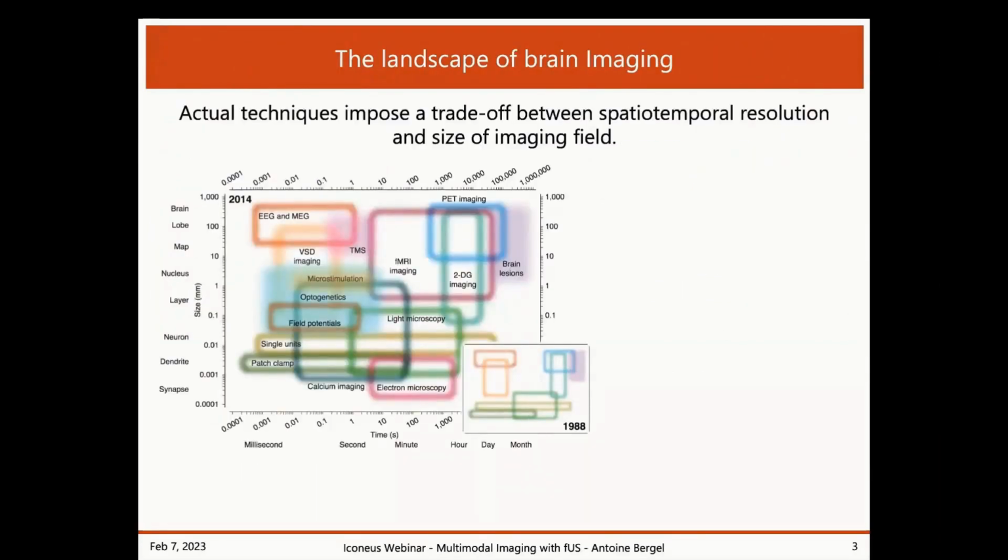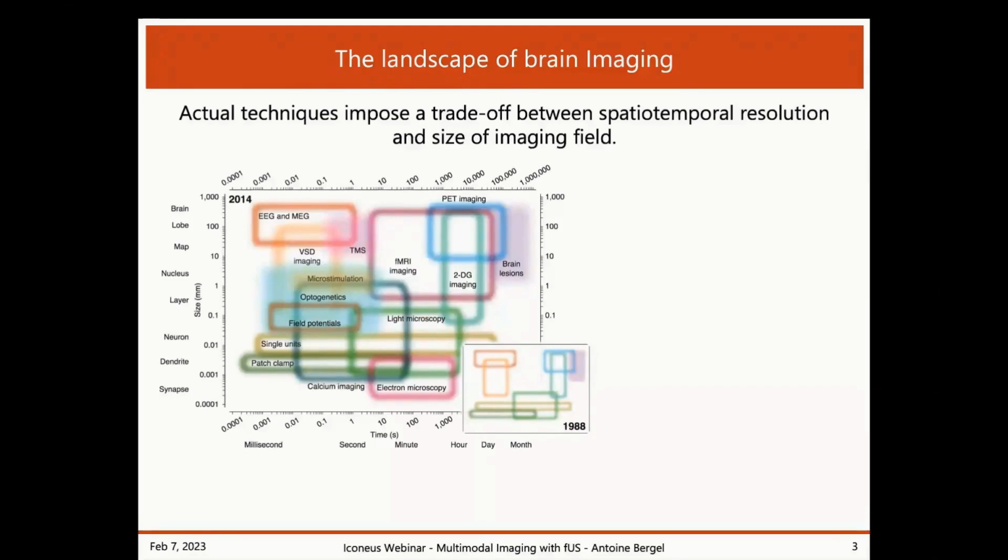And that's often what we use to introduce functional ultrasound imaging. If you classify all of the imaging techniques that are available now, you basically have two worlds. You have the world of global imaging that's able to monitor the whole brain, but most of the time you will lack either temporal or spatial resolution.